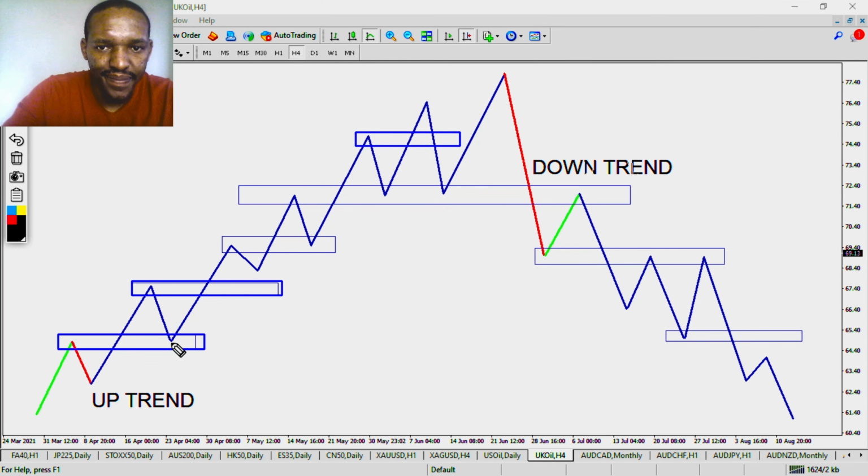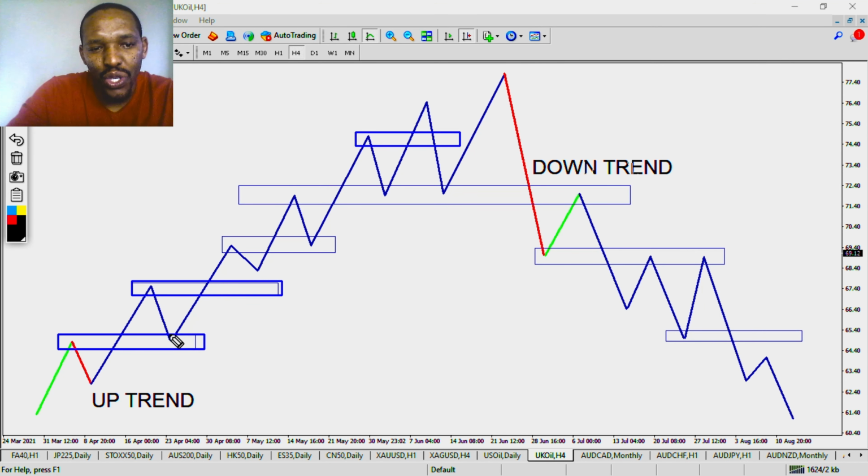This is our medium pullback. It bounced right there. That's our zone right there. The market was basically rejected. At this point here we had a resistance level, but then the market came down and broke it. Now it has turned into a support level, support zone. This is our support area, and from this place here we are going up.